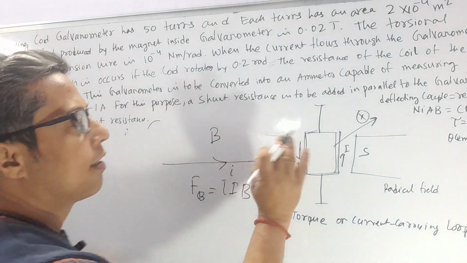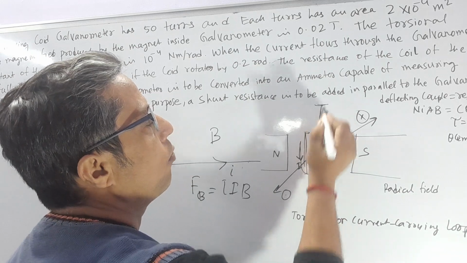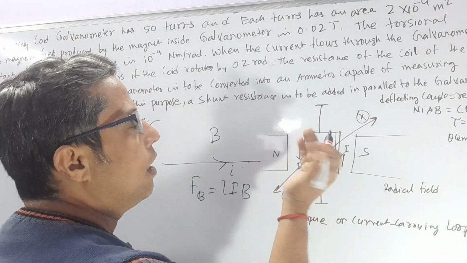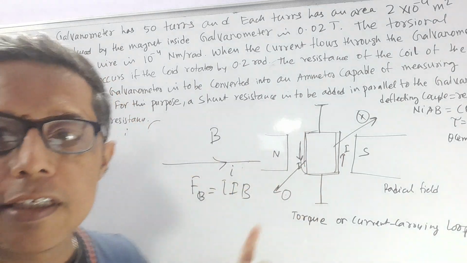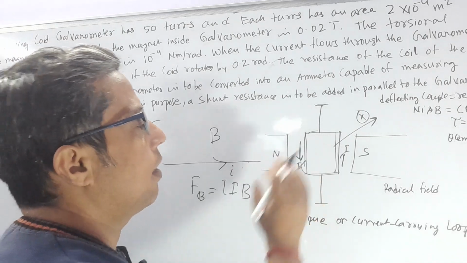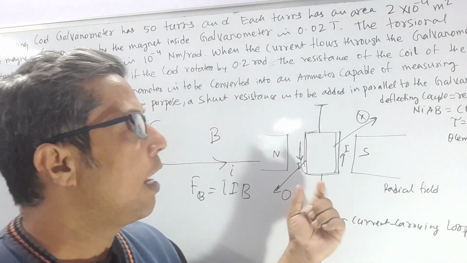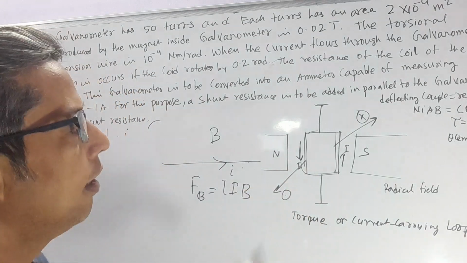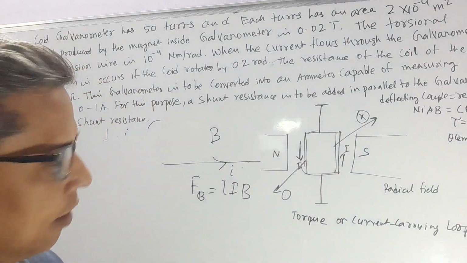There is a phosphor bronze suspension, so this is a very sensitive instrument. A small current gets deflected due to the magnetic field present. Now this deflecting couple will be balanced by the restoring couple inside the galvanometer, right?